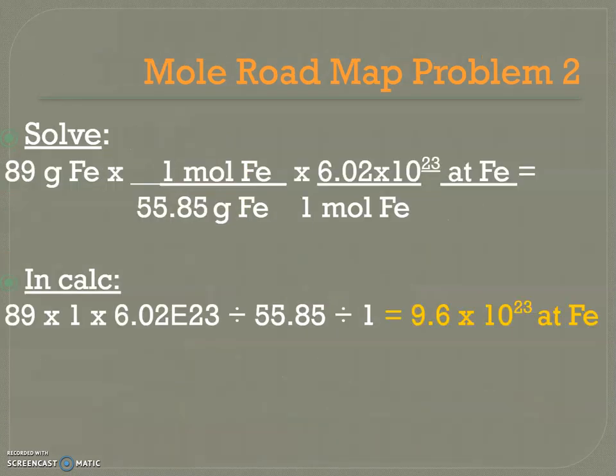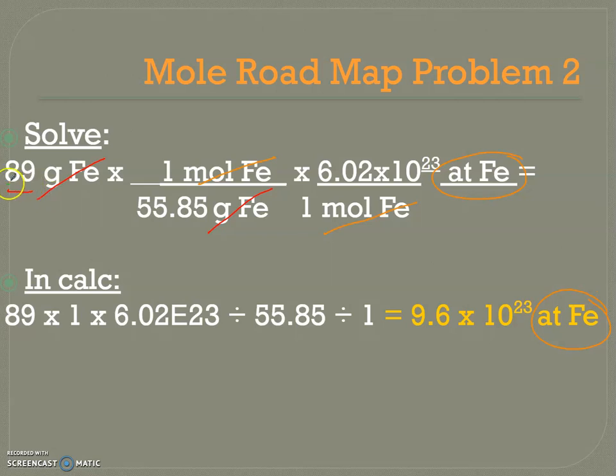So to see it again, one last time, last hurrah, we start with our given 89 grams of iron. We put 55.85 grams on the bottom, and then we are left with 1 mole up top. And then we cancel out our moles by putting 1 mole of iron on the bottom, 6.02 times 10 to the 23rd atoms up top, so it leaves atoms here.